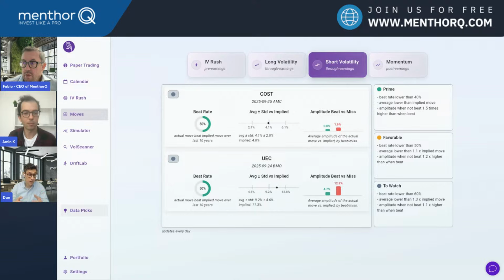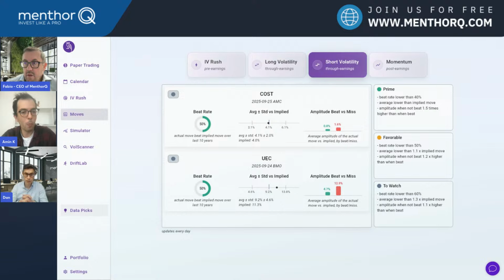For this week we have a couple of earnings. You see we have IV Rush. Everyone who has followed some of our sessions with Fabio knows what IV rush and IV crush are. A very short flashback: before earnings, IV ramps up, which means implied volatility tends to go higher.